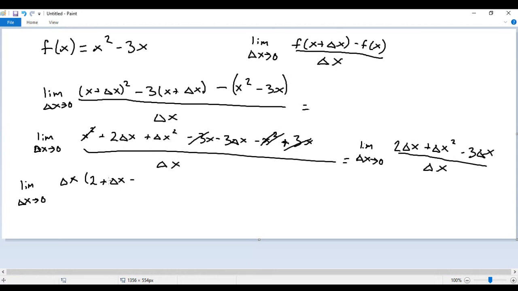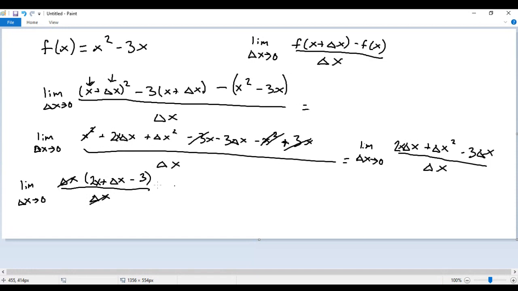I believe I did actually. This should be a 2x delta x, that's why. That should be a 2x delta x because we would have our x here multiplied by our delta x and then twice. So we have 2x plus delta x minus 3 all over delta x.